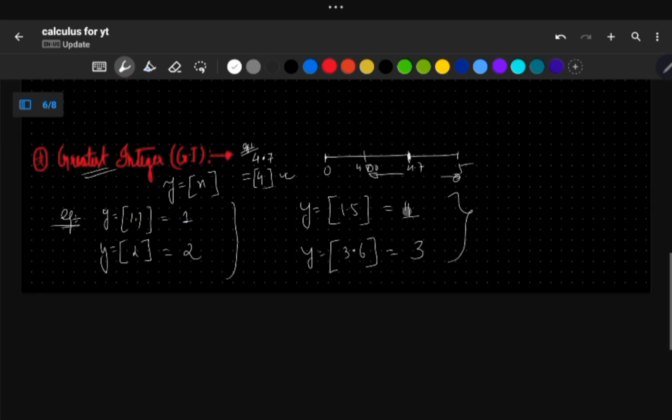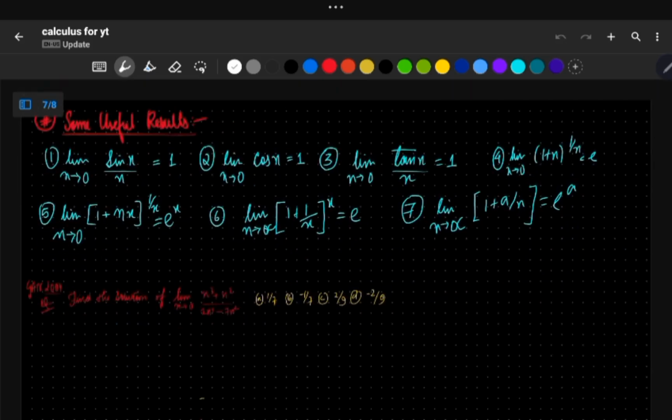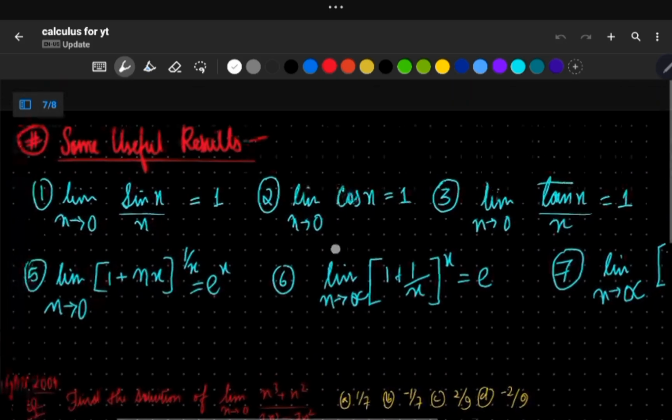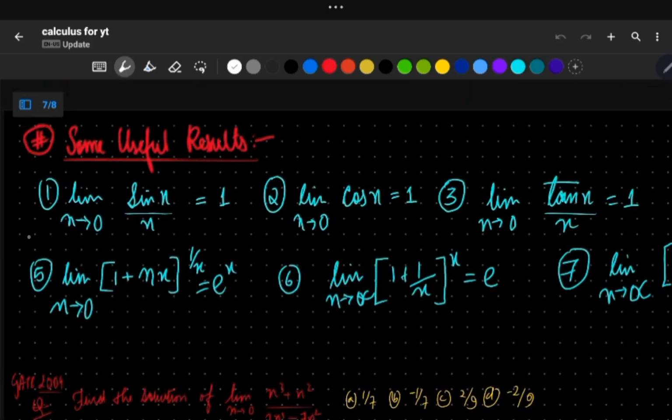After that, we will learn about some useful results which are hard to calculate by hand and are calculated by numerical computation methods. The first one states that limit x tends to 0 of sin x by x is 1.